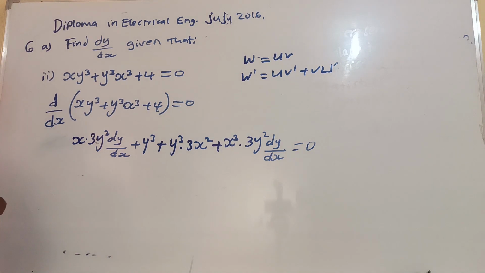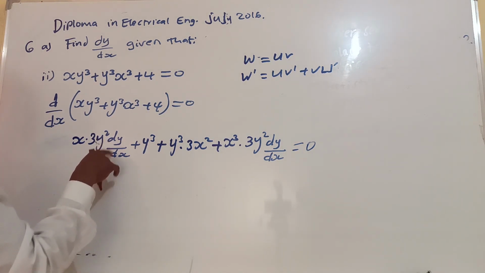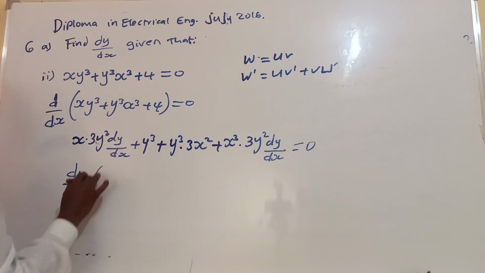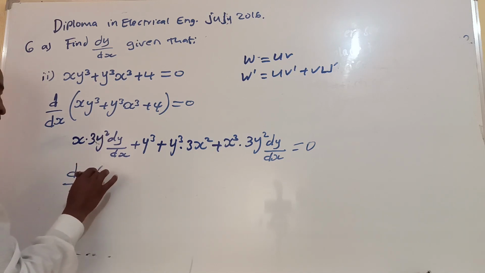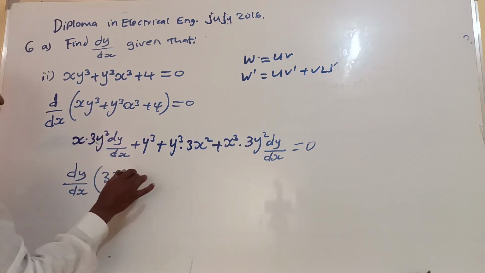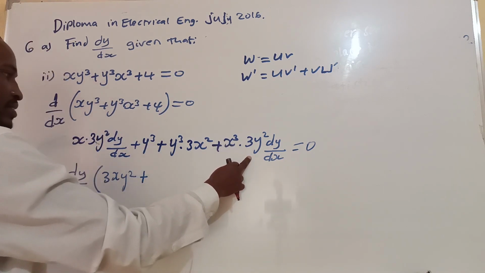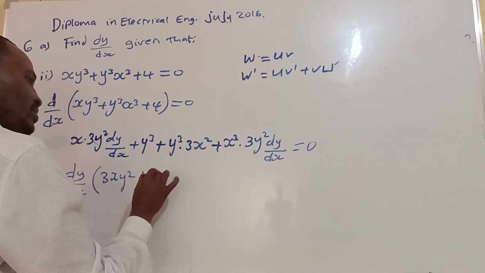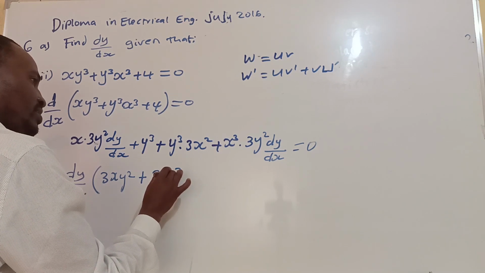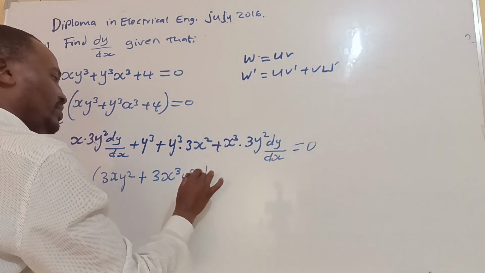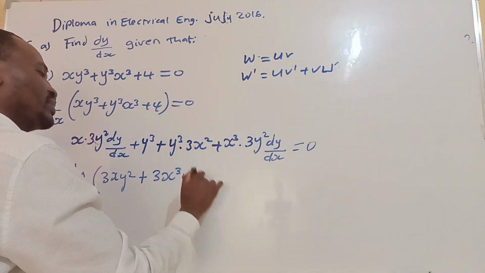So we just equate with 0. Factor out the term with dy dx. Each term of dy dx: 3xy squared, this one 3xy squared, plus this one 3x cubed y squared dy dx. Okay, we are factoring out dy dx.